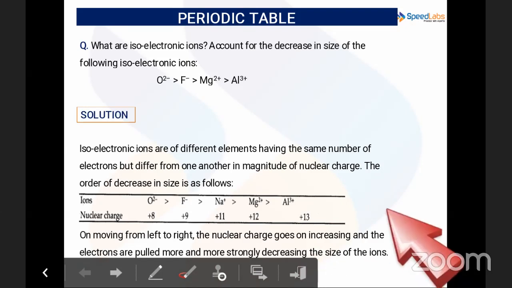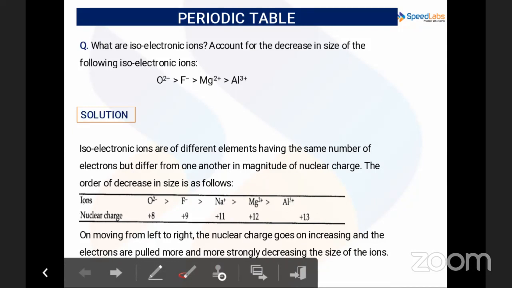Further, the neon atom is isoelectronic with the sodium ion, magnesium ion, and the aluminum ion. These four examples, which include atoms as well as ions, have the same electronic structure and the same number of valence electrons.